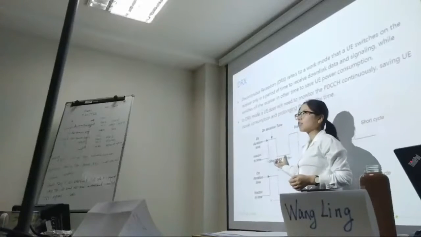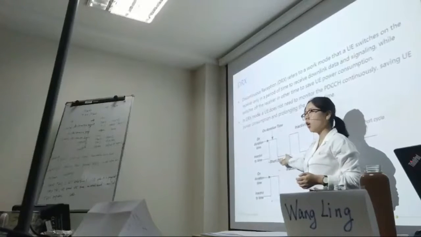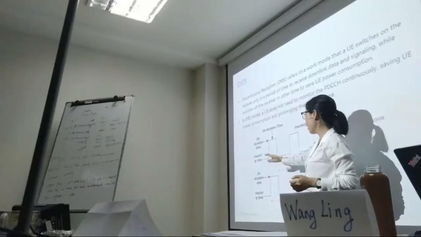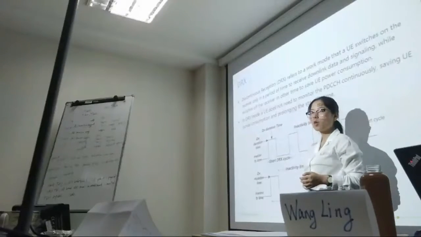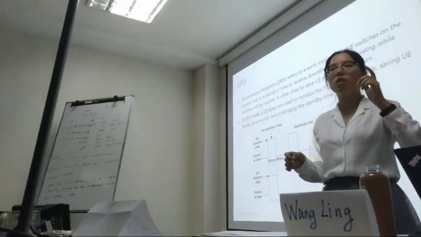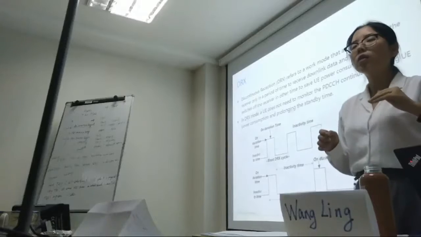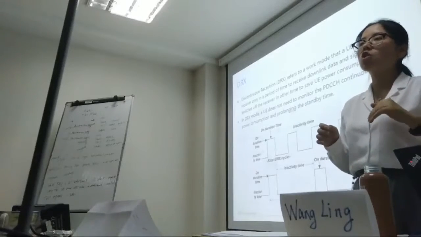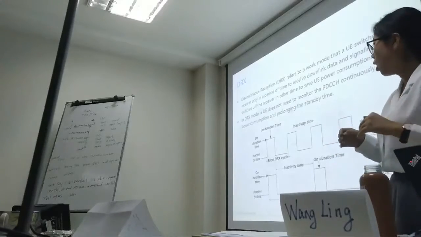How long the UE goes to sleep may be longer or shorter, so we set two different kinds: short DRX and long DRX. We can configure only the long, or we can configure both short and long, but we cannot configure only short.